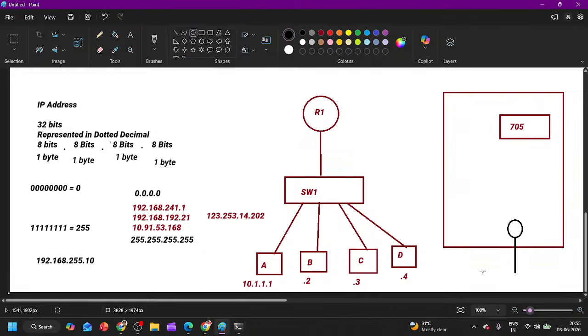But if there is a parcel for me, the guard can see the family name: Praphul Mishra, that means it is from the Mishra family, so I need to send it to 705, where the Mishra family is living. With the help of the family name, the guard can identify all the hosts living in my family. The guard just remembers the family information.